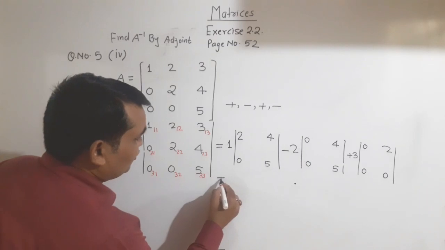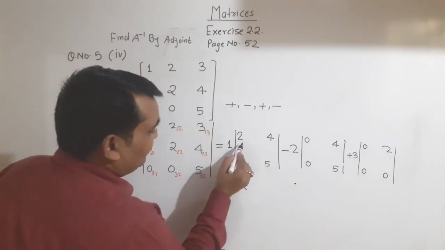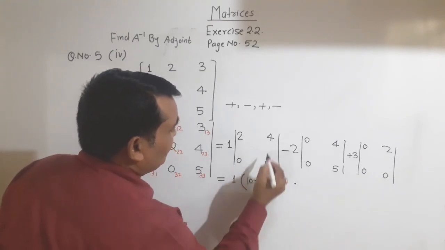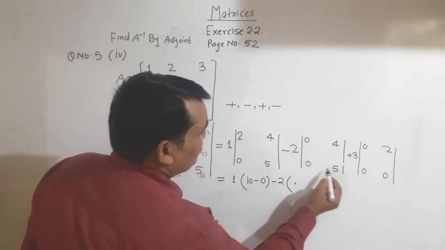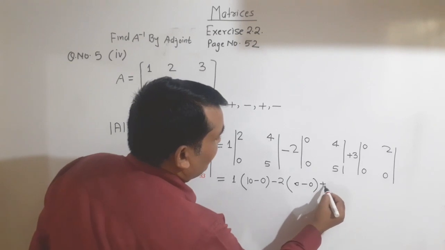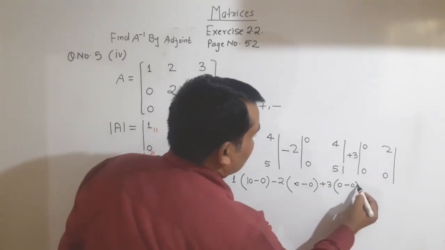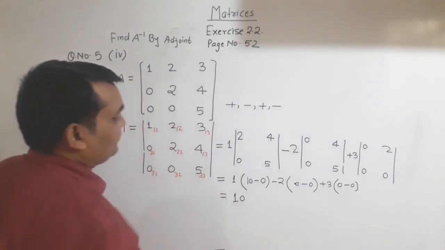Now just solve it. 1, as I explained how to solve the determinant, 2 fives are 10, minus 0, minus 2, it's a 0, 0 into 0 minus 0, plus 3, it's a 0 minus 0. So it's 10 only.